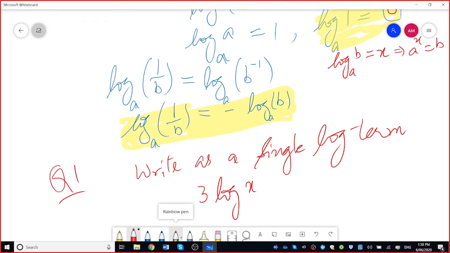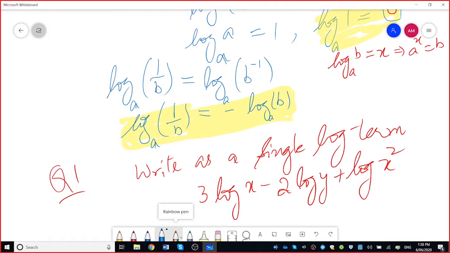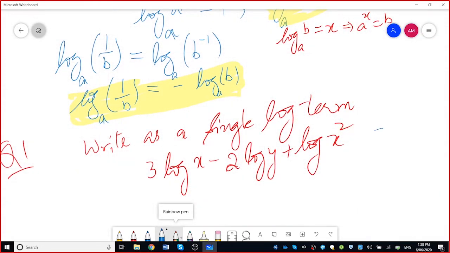The expression is 3 log of x minus 2 log of y plus log of x square.